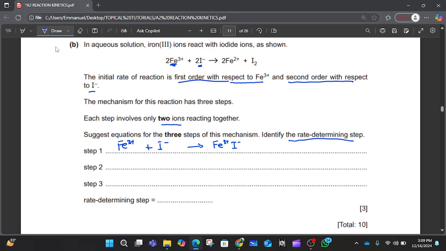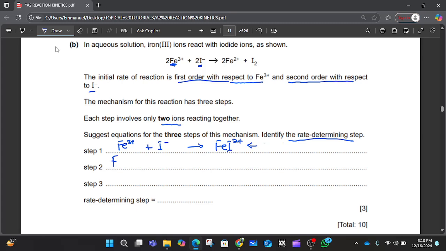So it means that the Fe3+, the Fe and the I are going to join together. So we get FeI. And if you subtract minus 1 from 3 plus, we get 2 plus. It means that our intermediate is actually going to be FeI2+.